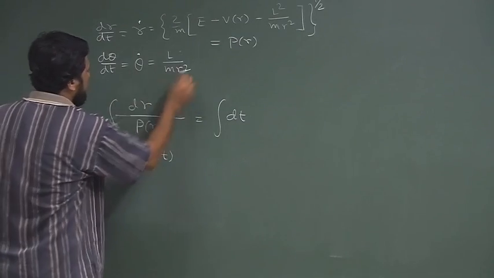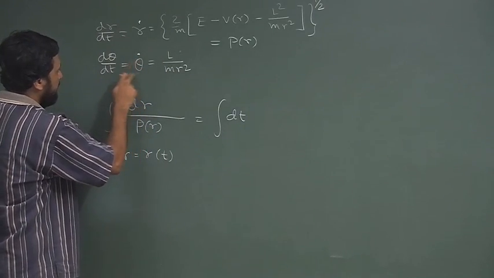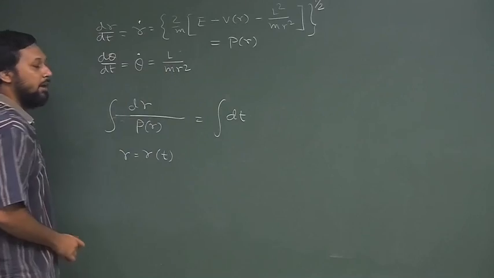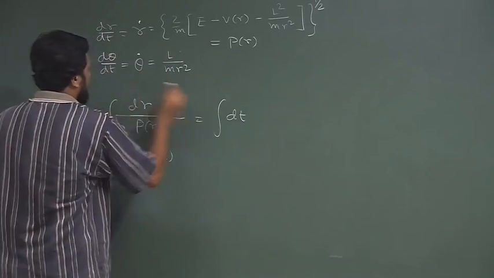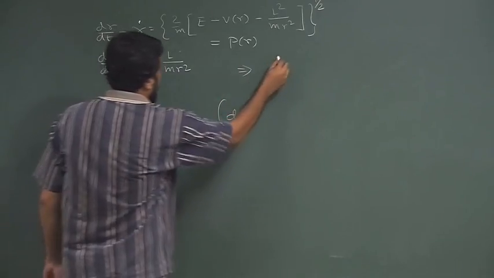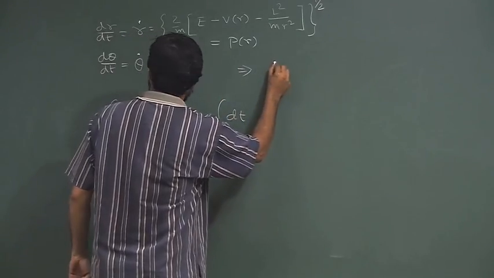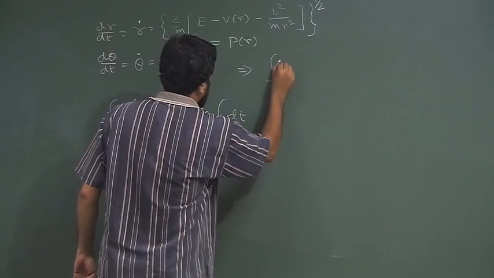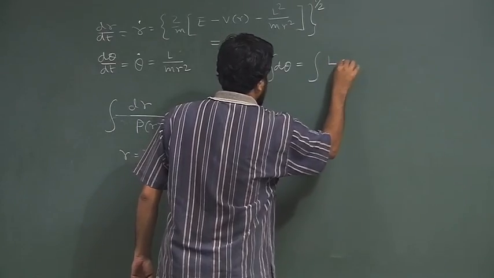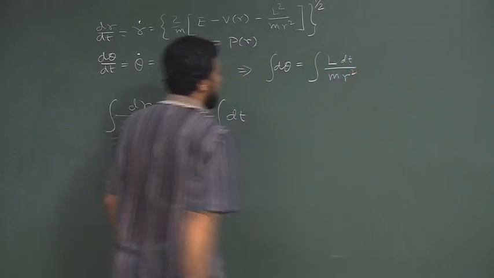Now, the equation for theta dot is theta dot equal to L by m r square. So, this can be rearranged to get integration d theta equal to L dt by m r square.